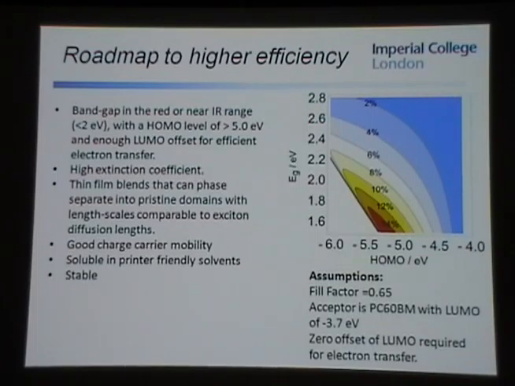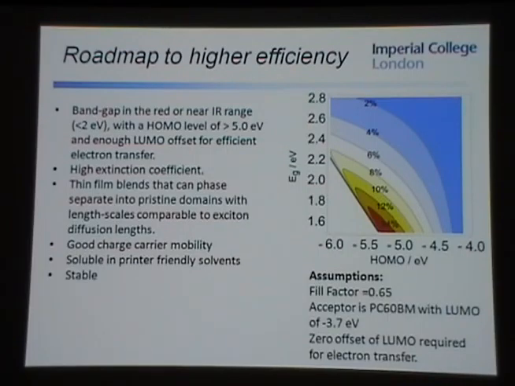And we've just assumed that the fill factor is 65%, which seems a reasonable number that you can certainly achieve in some organic devices. If you do that, you can run a very simple calculation that tells you where the HOMO of your donor polymer should be, and it should be somewhere around 5.3 electron volts with a band gap of about 1.6 eV.